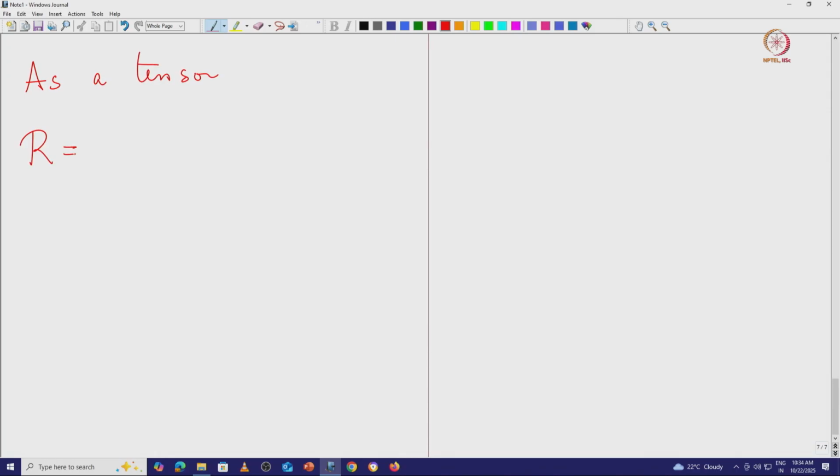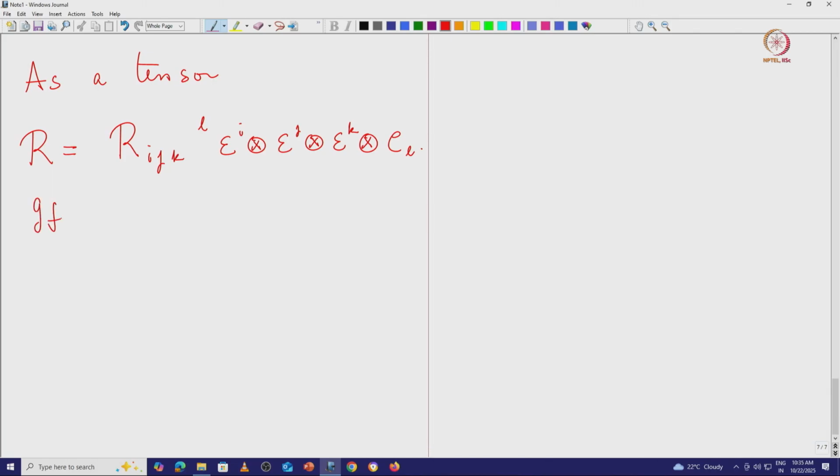So as a 1,3 tensor, one can write R as R_ijk^l epsilon^i tensored with epsilon^j tensored with epsilon^k, where epsilon is now the dual basis to the Ei's, tensored with E_l.